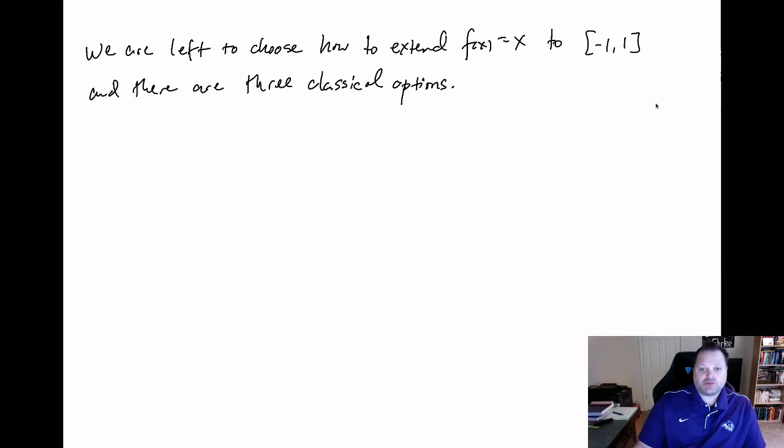So the first option is you do what's called an even extension. We've talked about this before. The even extension of the function would look something like this.